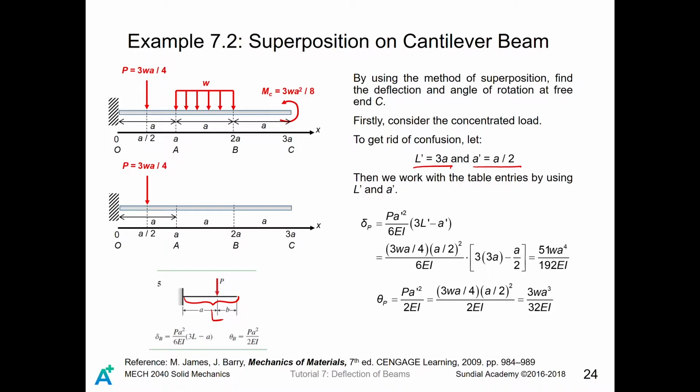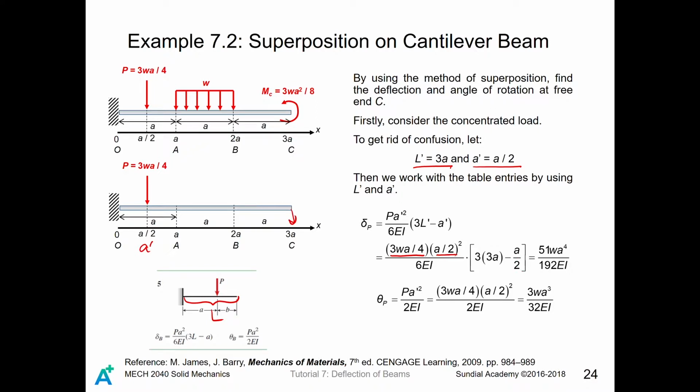Now we put everything into the equation, but ensure that you are doing all the things carefully. You cannot make any mistakes. So P equals 3WA divided by 4. A prime equals A divided by 2. And here it is A squared, so A prime squared as well, divided by 6EI. So 3L prime equals 9A, and here it is A divided by 2.